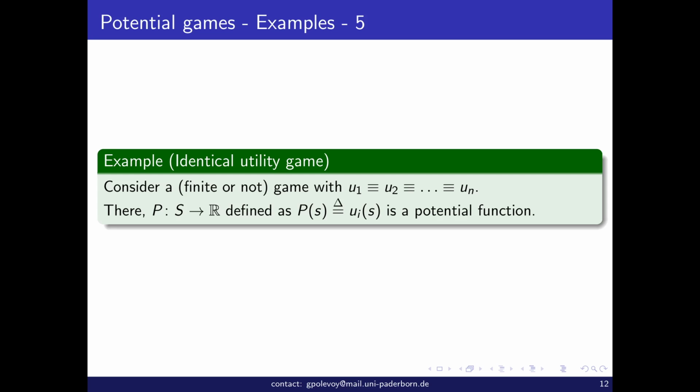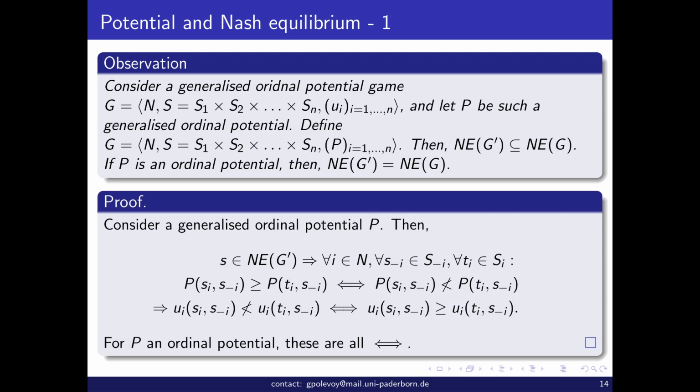In particular, that game itself is a potential game, of course, trivially, and here we create such a game by substituting all the utility functions, whichever they were, by the common potential function. And then the Nash equilibria of the new game are a subset of the Nash equilibria of the original game.